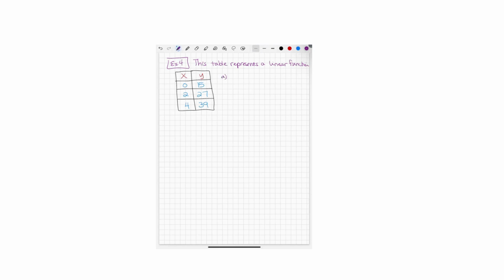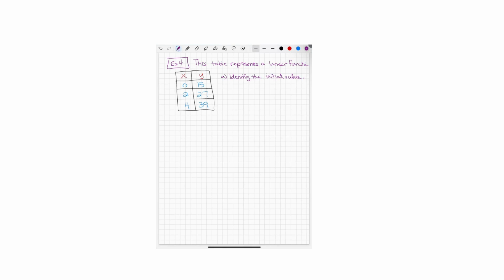And for part A, I want you to identify the initial value. Take a peek at this table. See if you can find the initial value, write it down. And I want you to write it down in the 2 different ways that your teacher might have you write it down. So we talked about 2 different ways.